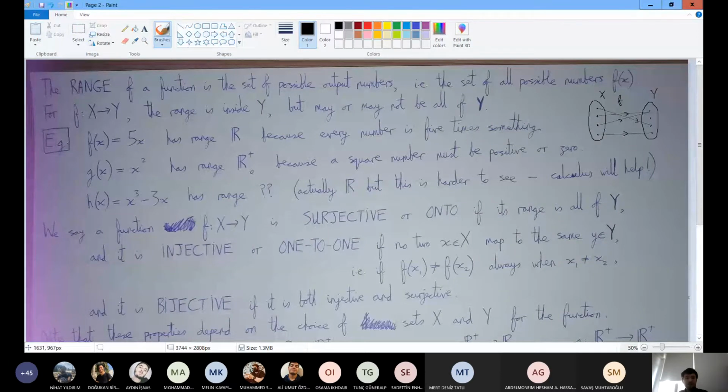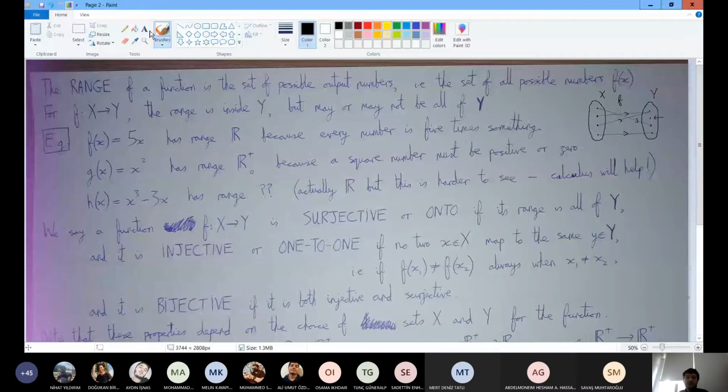Now, surjective is about the range. But what is the range when you understand the function using this picture? Well, the range is the set of all the points which are actually hit by some arrows. Okay, so this point is hit, this point is hit, this point is hit, but that point is not in the range.